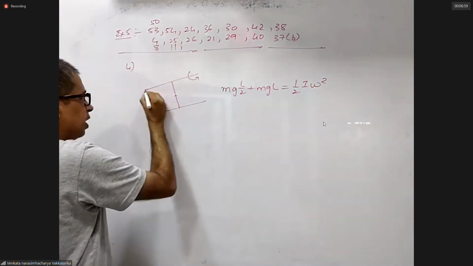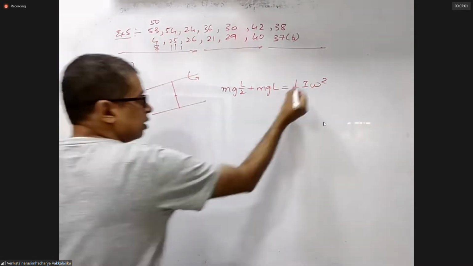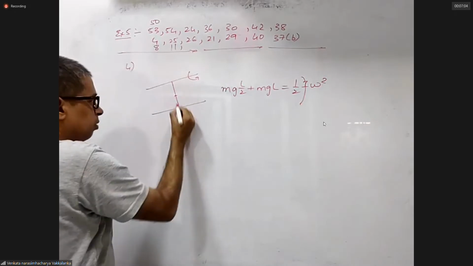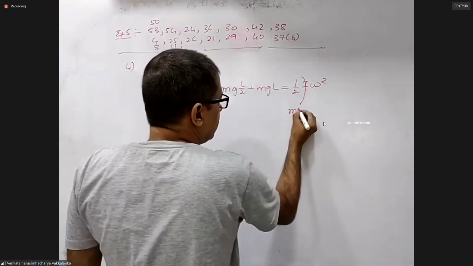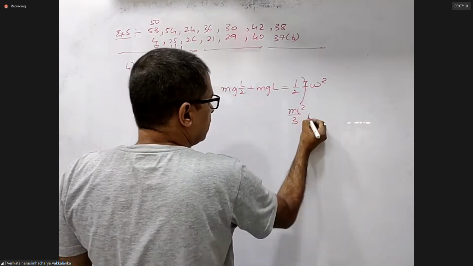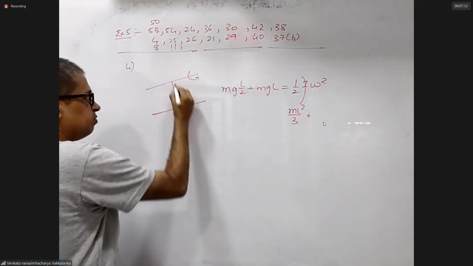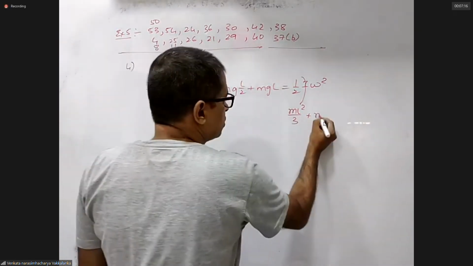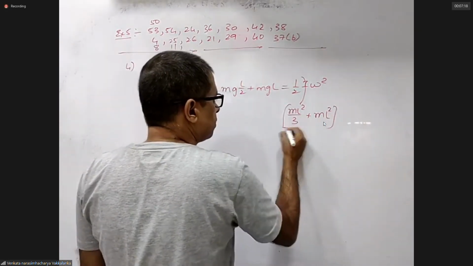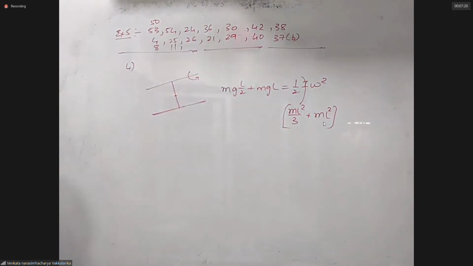If you can tell me I about this axis, my job is done. What will be the moment of inertia of this rod about this axis? It will be ml square by 3. For this rod about this axis, every particle is at the same distance, so it will be ml square. I get omega.